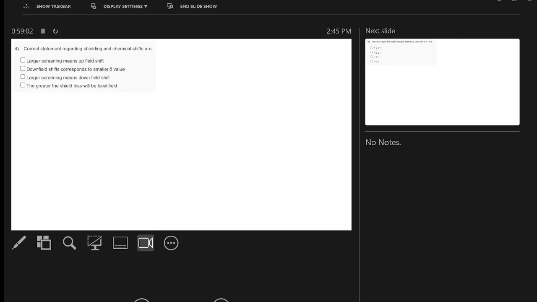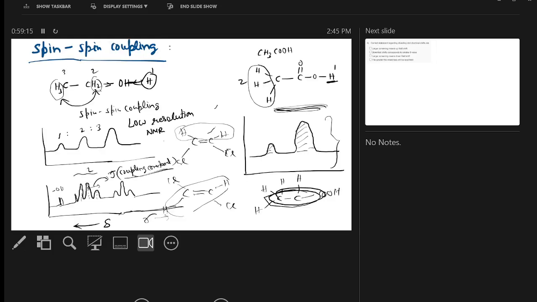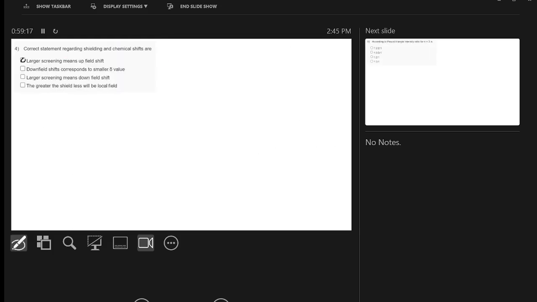First question: the correct statements regarding shielding and chemical shift are. This is an MSQ, multi-select question. First, larger shielding means upfield shift. It is correct. Right? Downfield corresponds to smaller delta value. Incorrect. Downfield means less shielding, which means higher delta value.